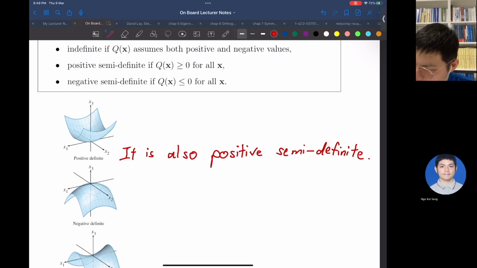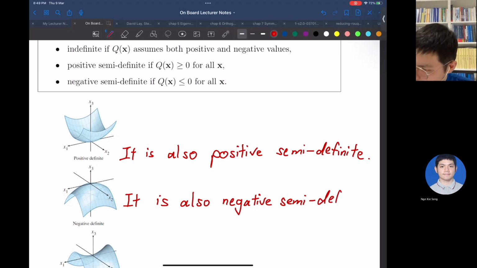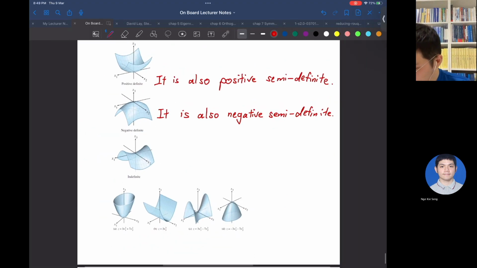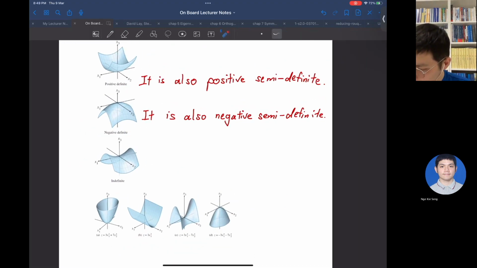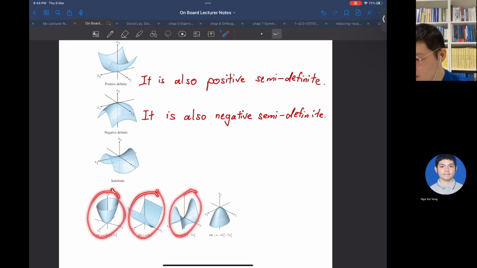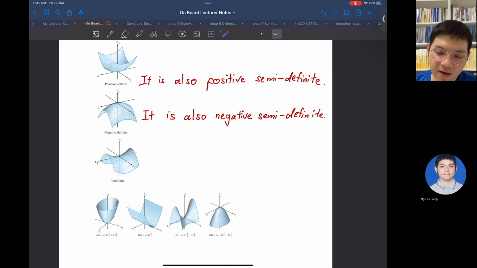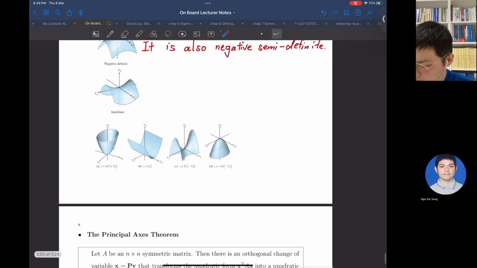For the second example, it is also negative semi-definite, since it is less than or equal to 0 for all x. All right. So you can determine for yourself which of these four patterns each belongs to. I'll write it in the lecture notes later.